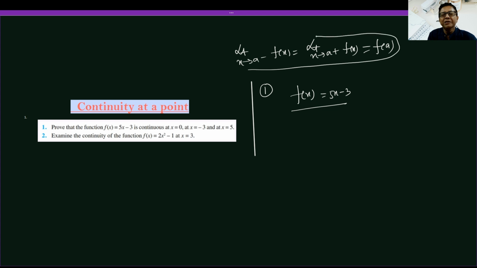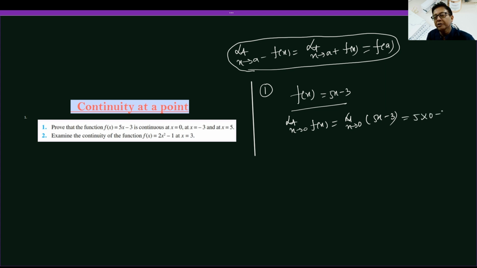If these three are equal, then the function is continuous at the point. So here, limit x tending to 0 of 5x minus 3, nothing to eliminate from numerator and denominator. It's not a rational function. It's a polynomial function. You simply put the value 0 in 5x minus 3, giving minus 3.